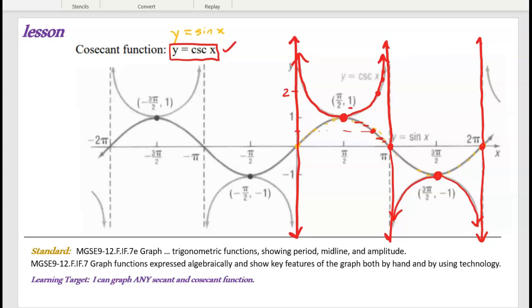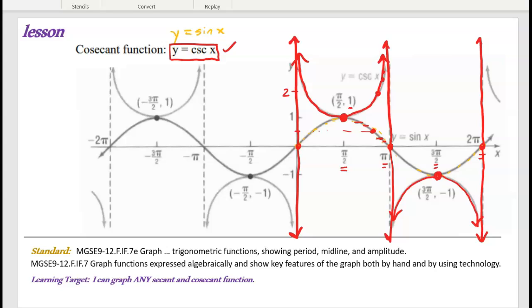All right, so minimally, for sine, you had to have 5 values for a given period on the x-axis. Same for cosecant. For sine, you always had 3 points on the midline. So now you're going to have a minimum of 3 vertical asymptotes. For the sine function, you had a minimum of 1 maximum and 1 minimum.